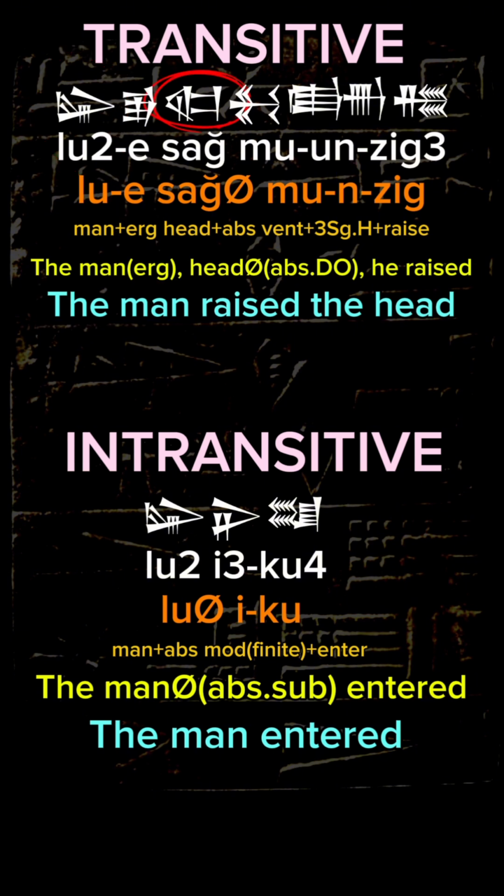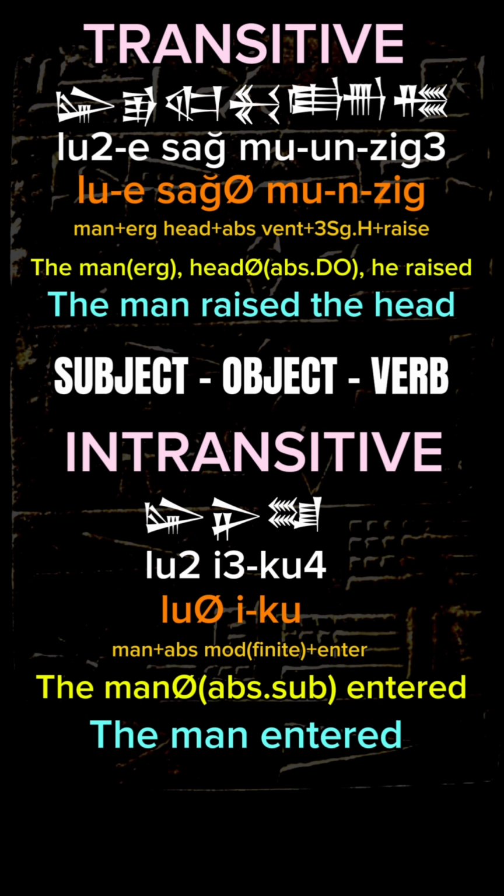The next sign, sang, means head. This is the direct object, and so we've marked it with the zeromorph. We know this specific sign is the object because Sumerian is a subject, object, verb word order. So the object is always going to be directly next to the subject in the sequence.